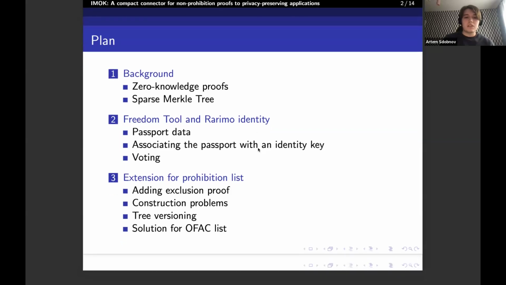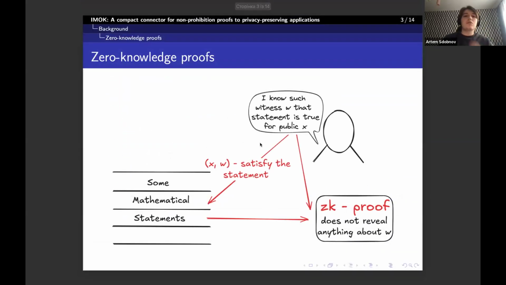So let's move on. First of all, I want to tell you about zero knowledge proofs. Imagine you have some mathematical statement, and I want to prove that I know some witness for some public data, but I don't want to share my witness. There are such schemes like, for example, Groth16 or Plonk, which allow you to make such a proof that is efficiently verifiable.